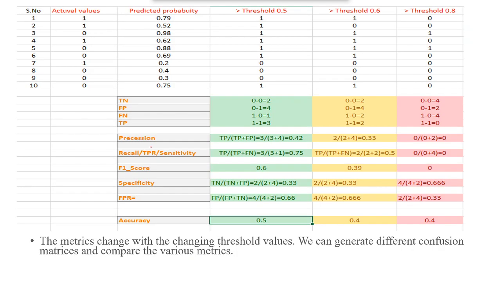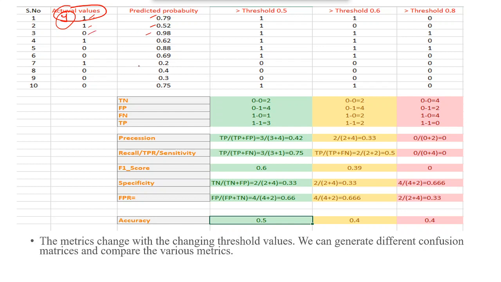Next, if you see this example, the actual value is nothing but our target variable y. Our model predicts the probabilities for each class. This is our actual value. The model predicts the probabilities: 0.79 for class 1, 0.52 for class 1, 0.98, like that.